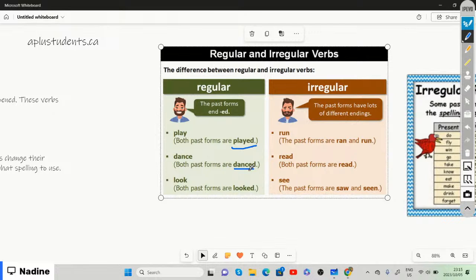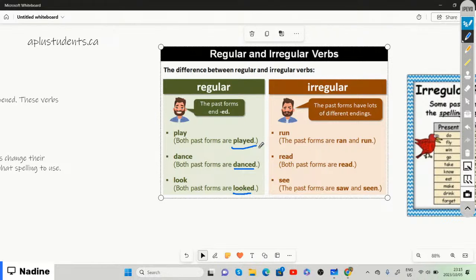Look, and the past tense of look is looked. So this is basically the regular past tense. And with regular past tense, we just add -ed at the end of that form.